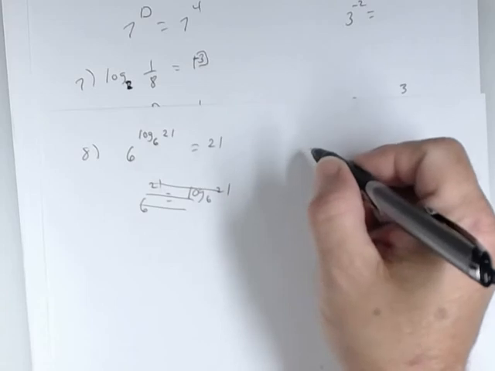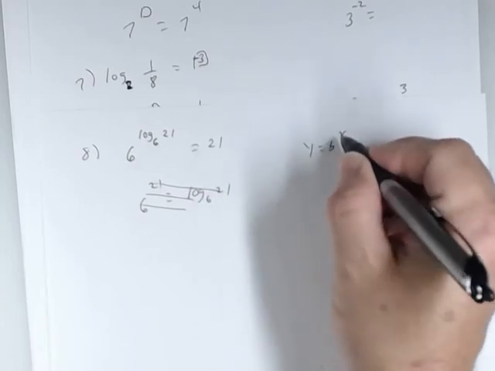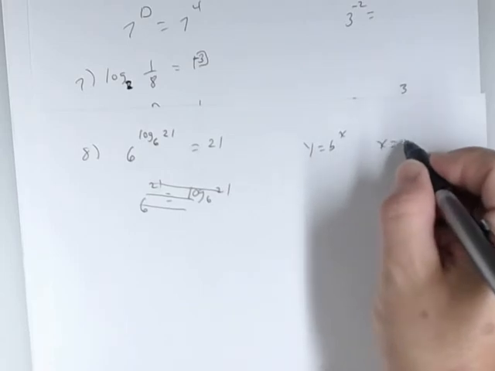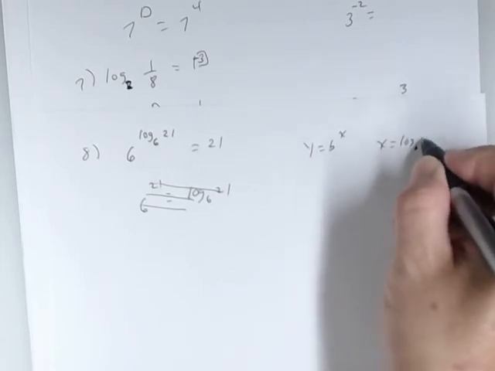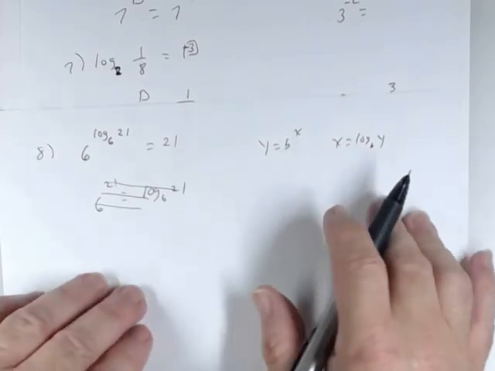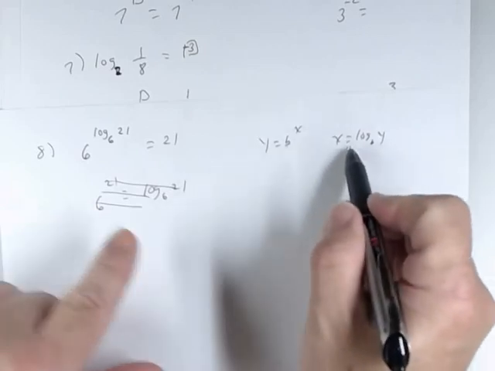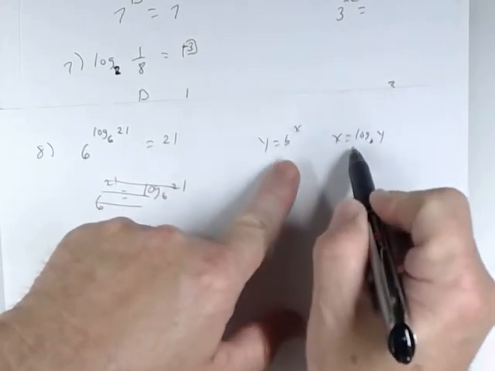So remember the definition we had earlier was y equal b to the x, and then x was log base b of y. All right. So right here, I am going to rewrite this x with this. You see this right here?